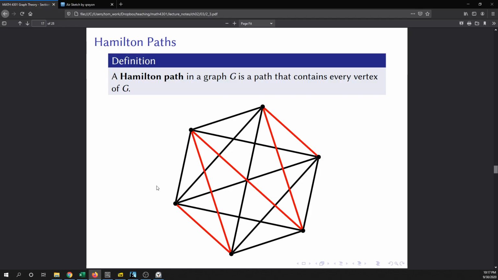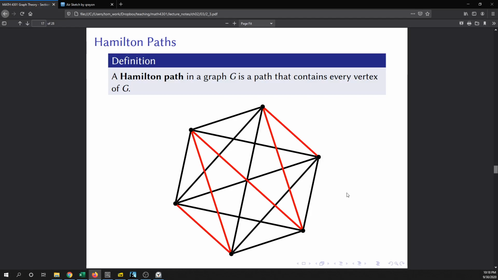The path would be a Hamilton path, and because a path is a tree, it would also be the spanning tree with the largest diameter. The two end vertices in here would be the farthest away that you could get. So the Hamilton path, if a graph has one, would be the spanning tree with the largest diameter.